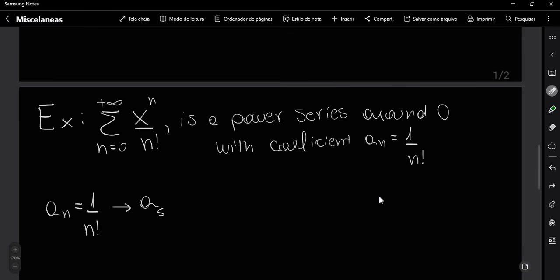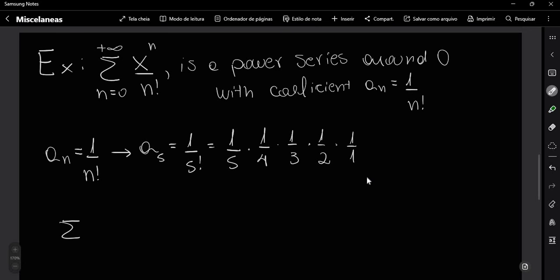So this is the same as 1 over 5 factorial, which is the same as writing 1 over 5 times 1 over 4 times 1 over 3 times 1 over 2 and 1 over 1.